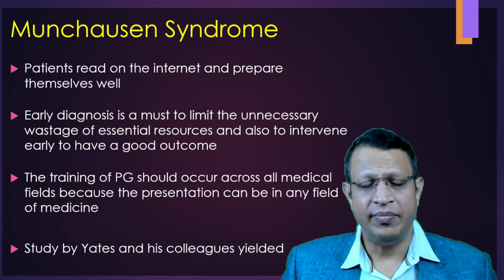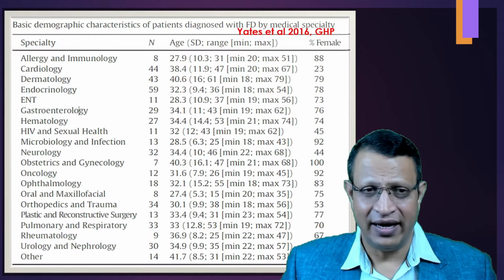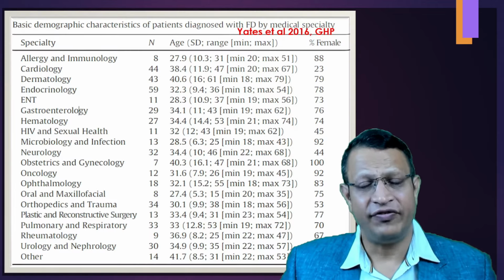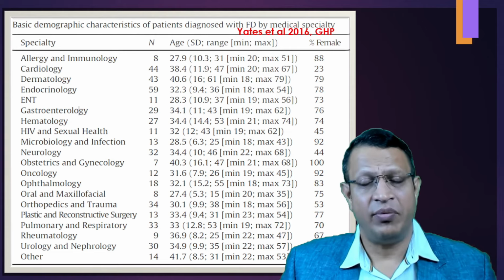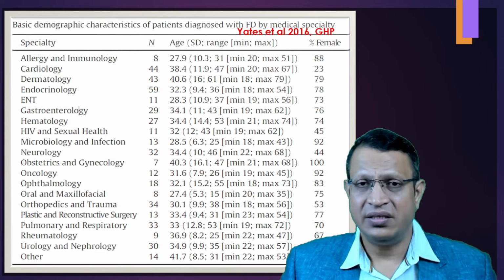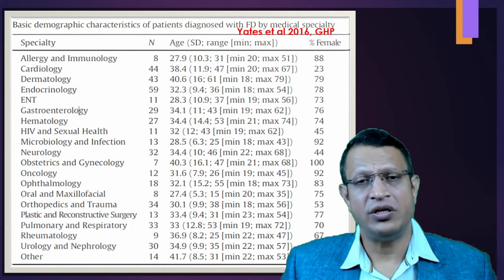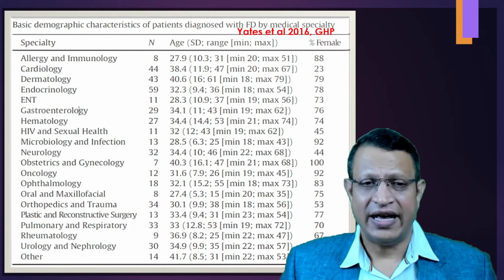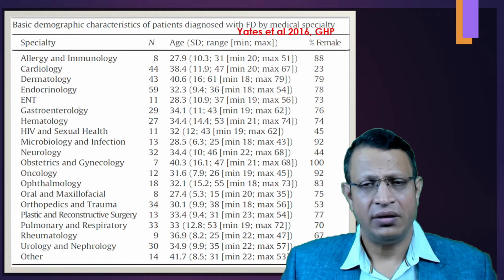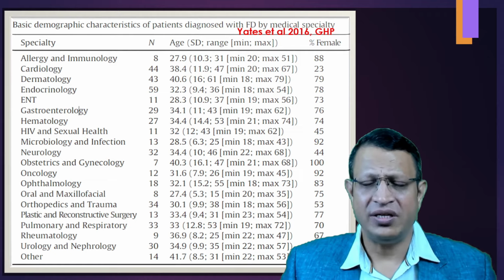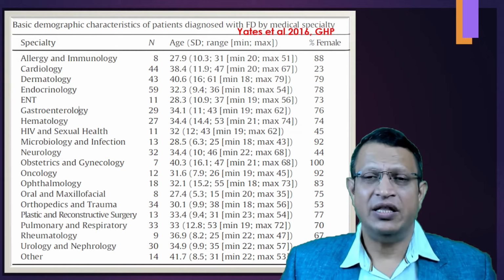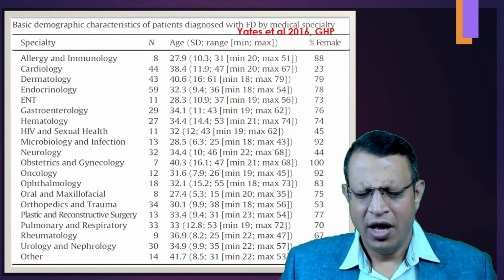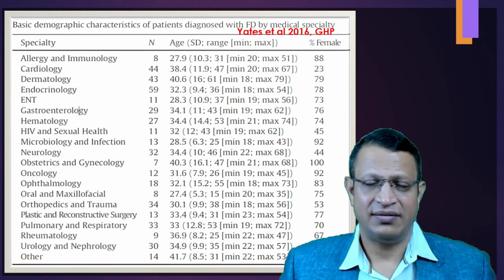And further, a study by Yates and his colleagues showed that the symptoms can occur from various fields. It can be from pulmonology, allergy, cardiology, endocrinology, ENT, gastroenterology, hematology, dermatology, ophthalmology, oncology, name them. Invariably, the patient may have symptoms across all these fields.